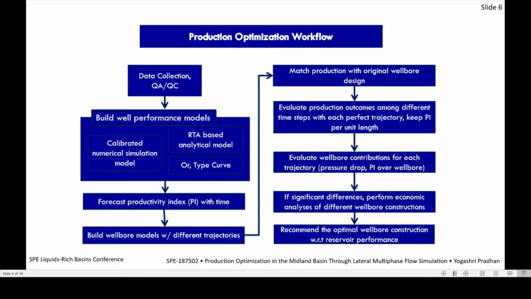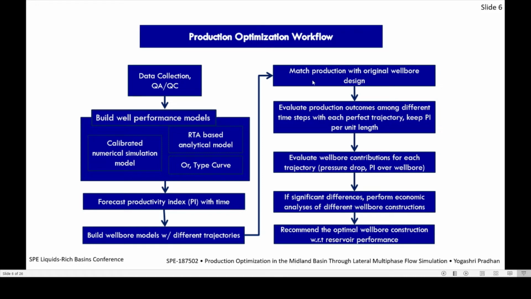Here's the production optimization workflow that we used to work with, which is similar to the artificial lift best practices video, and I'll put that link in the description box. We collected data for QA/QC, built well performance models, then we calibrated a numerical simulation model, we had an RTA-based analytical model, or developed a type curve. We forecasted the PI over time, and we built wellbore models with different trajectories.